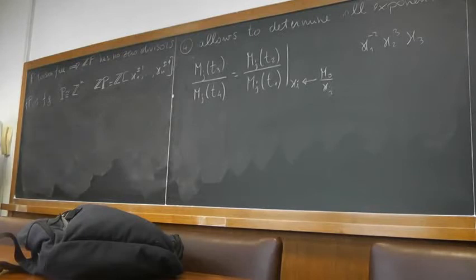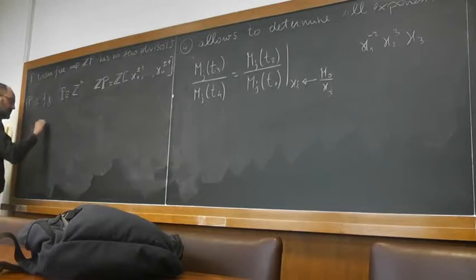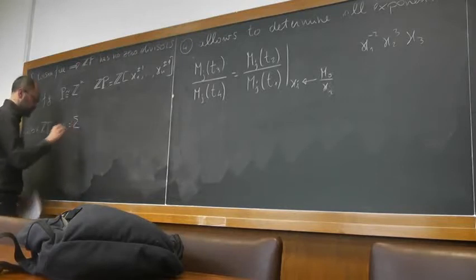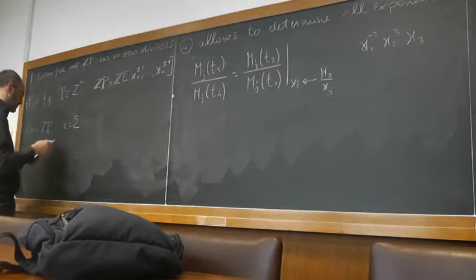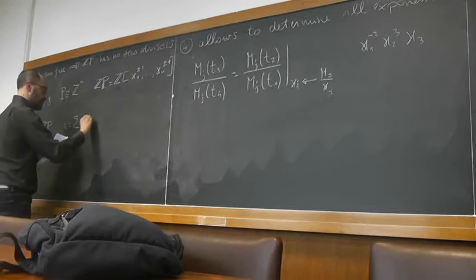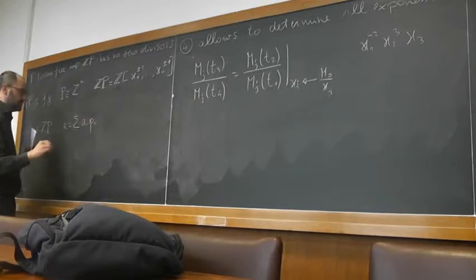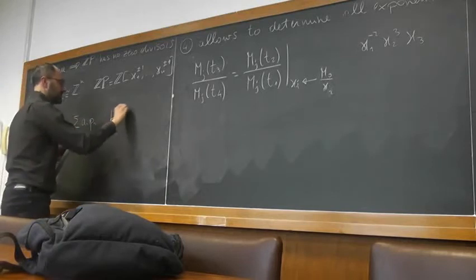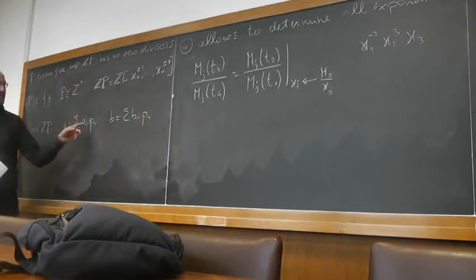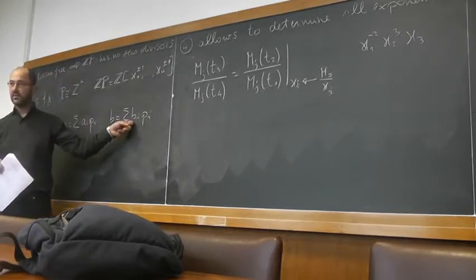But in general, we can reduce to this case, because if we take two elements, A, B, in ZP, then A is the sum of ai pi and B is the sum of bi pi, where the pi's are elements of P and ai and bi are integers.